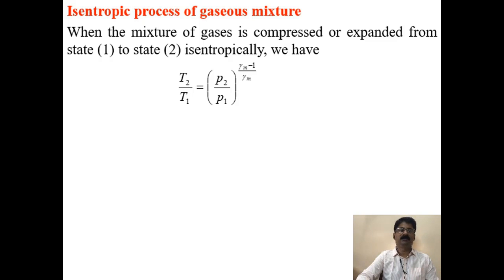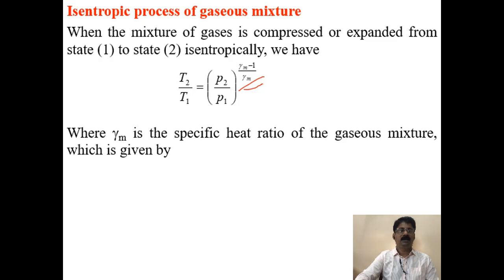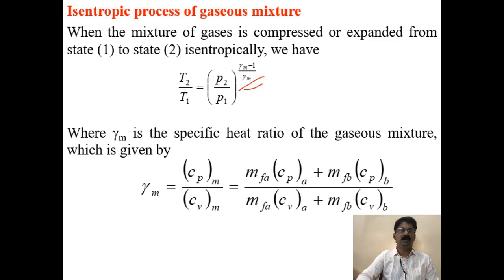You can see here you have to write gamma for the mixture, where gamma m is the specific heat ratio of the gaseous mixture, which is given by the specific heat at constant pressure for the mixture divided by the specific heat at constant volume for the mixture.